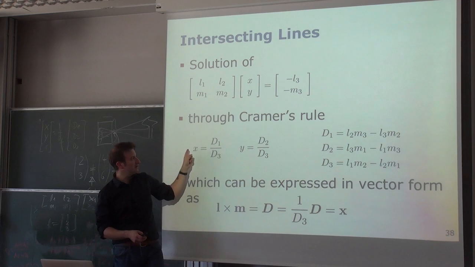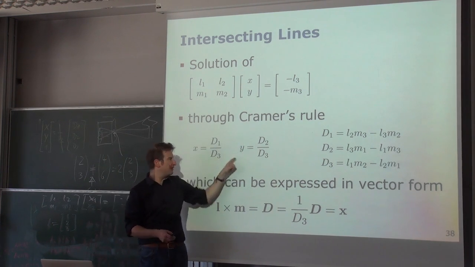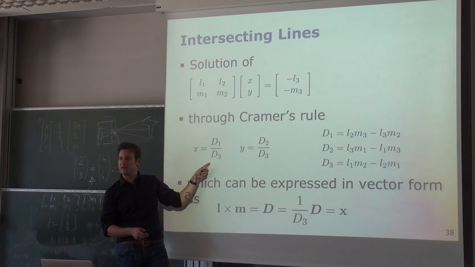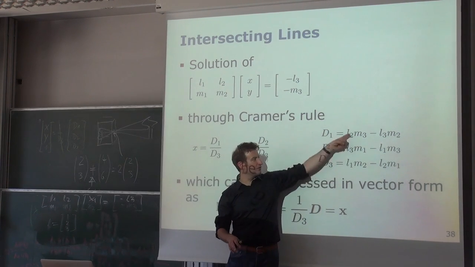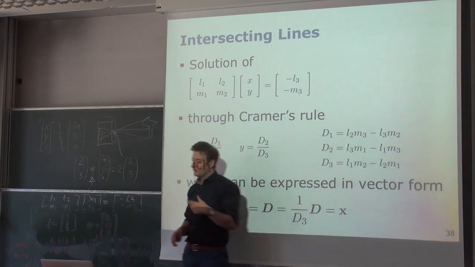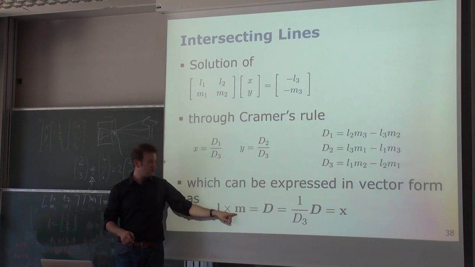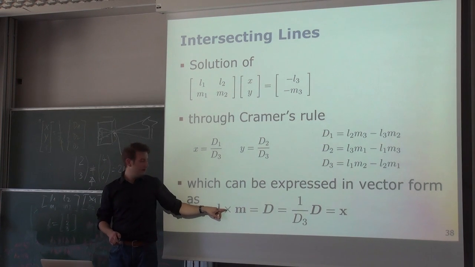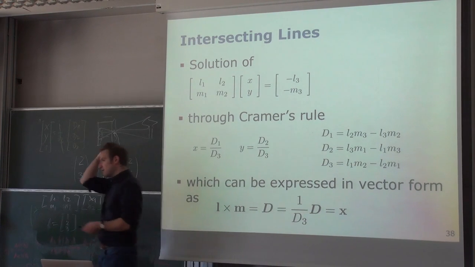I create my new vector, which consists of x, y, and 1. I put the numbers in here, get 1 divided by d3 out, drop that because of the homogeneous property, and then these are the remaining components of my vector. So solving this equation, l cross product m, gives me directly my intersecting point x.